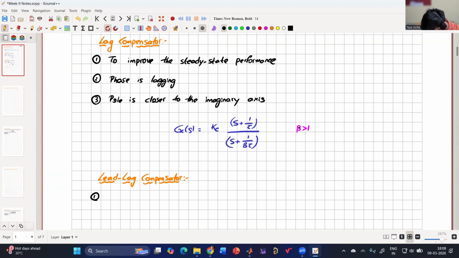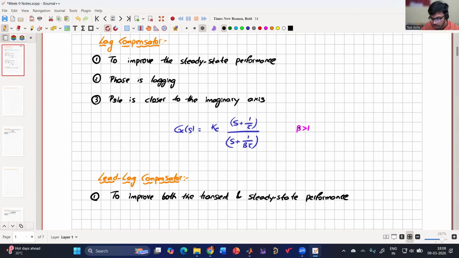So here it is, to improve both the transient and steady state performance. That is the first point.